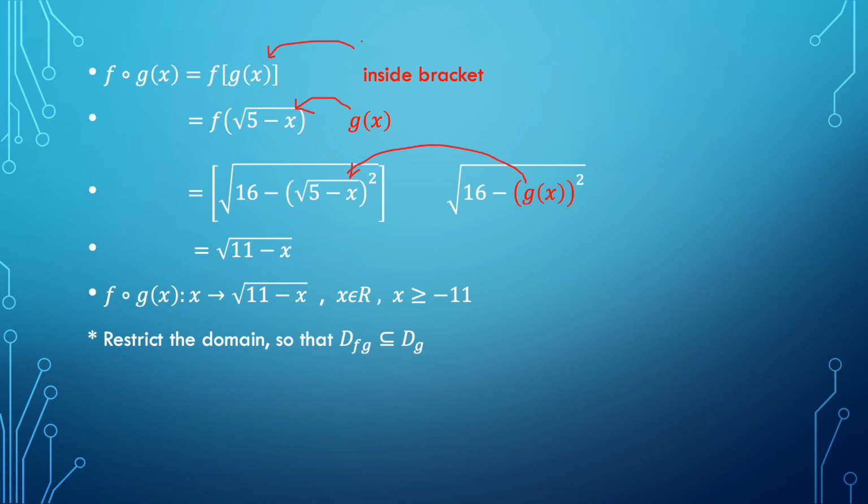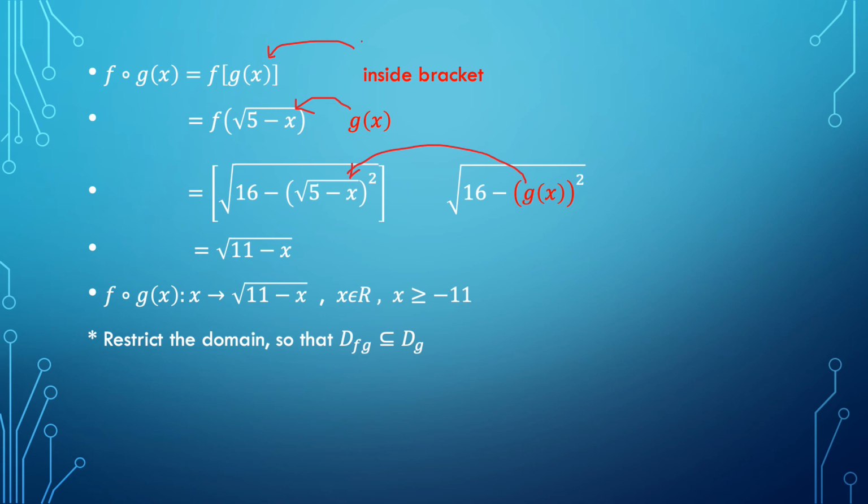So we substitute x equal to square root of 5 minus x. Now the composite function becomes square root of 16 minus bracket square root of 5 minus x squared. After simplifying, we get square root of 11 minus x.